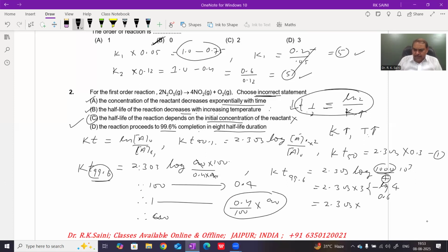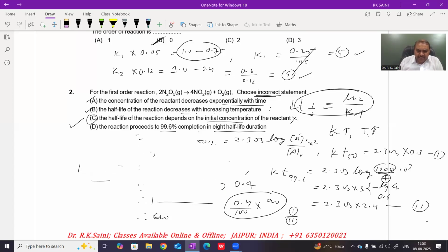2.303 into 2.4. This is equation number second. Then equation first divided by equation second, and we obtain T 50% divided by T 99.6%.